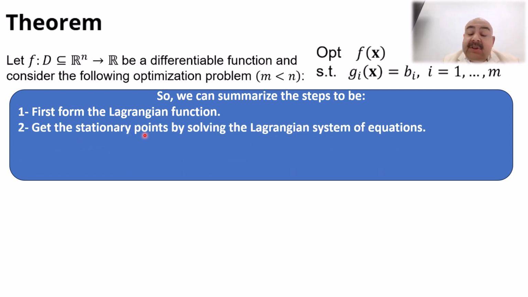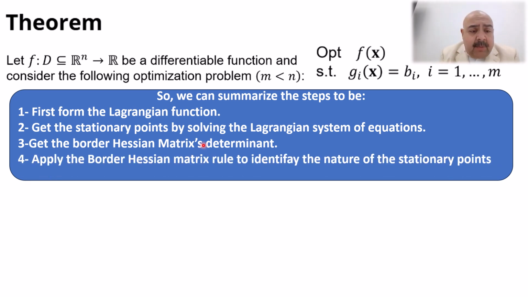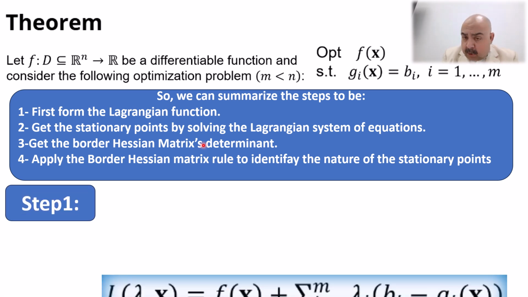Step number 2, get the stationary point by differentiating the system and putting it equal to 0. Step number 3, get the border Hessian matrix exactly as we did in the previous slide. It's exactly the same. After getting the determinant of the Hessian matrix, we will be able to identify the nature of our stationary point. So let's go to step 1.